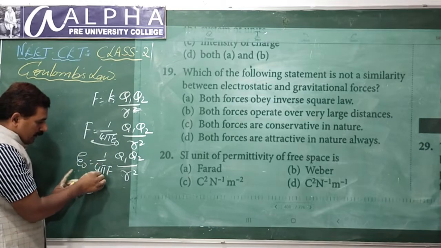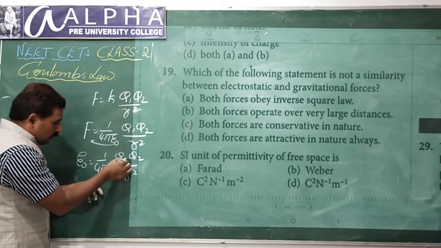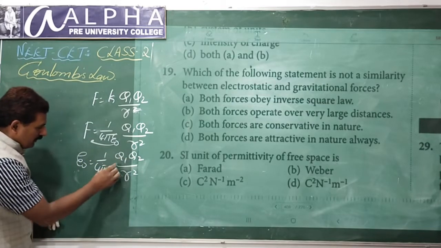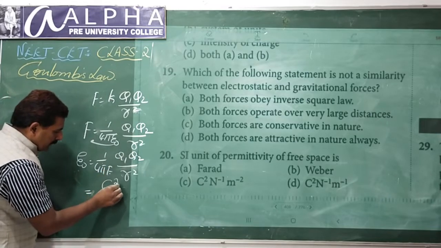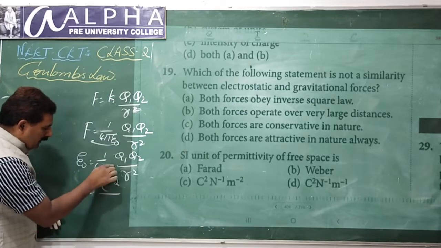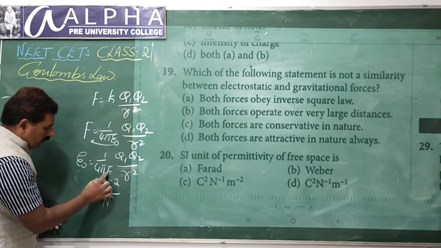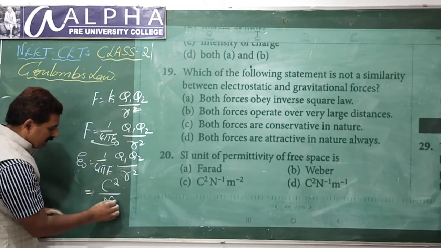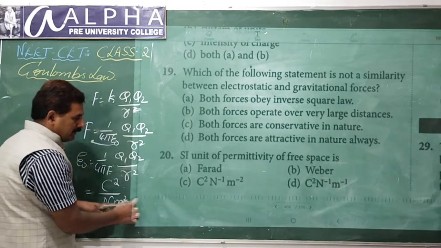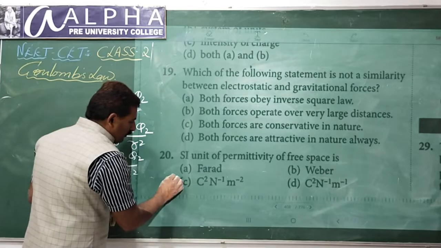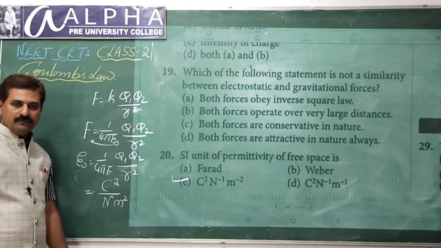So epsilon 0 equals 1 over 4 pi F into Q1 Q2 by R square. Write the unit. Charge unit is Coulomb, Coulomb square, divided by 4 pi, F Newton, unit of force Newton, R distance meter squared. So Coulomb square per Newton meter square. Option C. That's it. Okay.